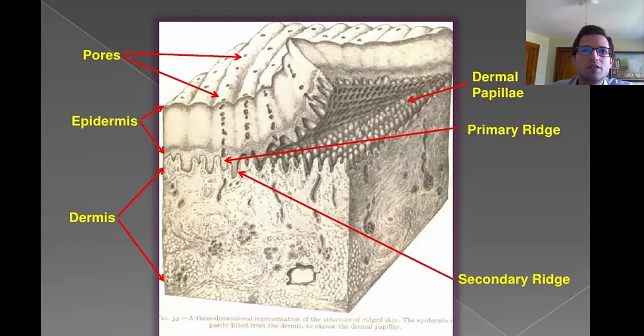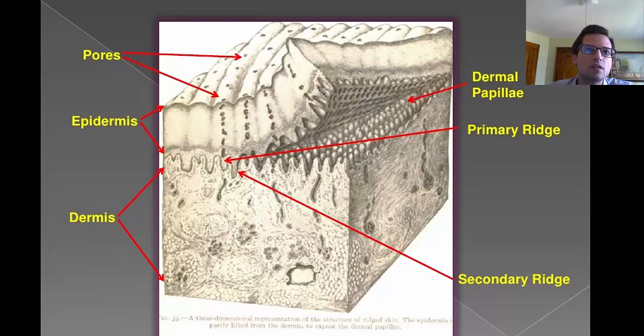Here's a cross-section of the tissue on the skin surface. You can see the topmost layer, which has been peeled back, contains the friction ridges. You can see the pores, that is the holes in the friction ridges, and these pores will secrete a little bit of perspiration, sweat, and that's one of the substances that the fingers deposit on the surface when they push upon it.